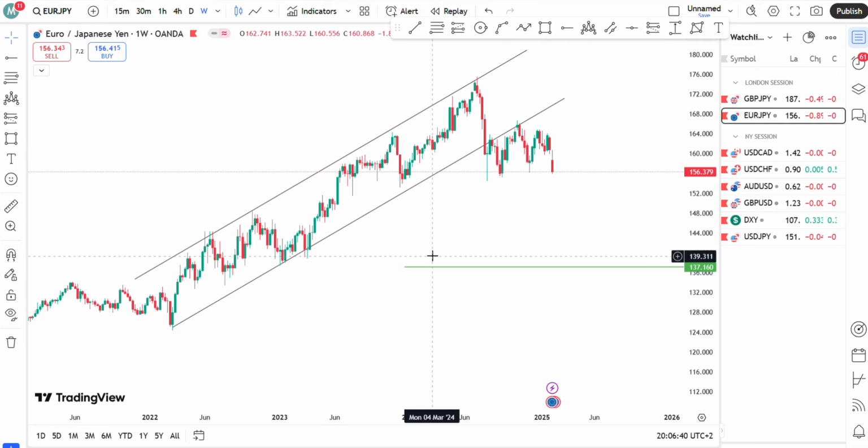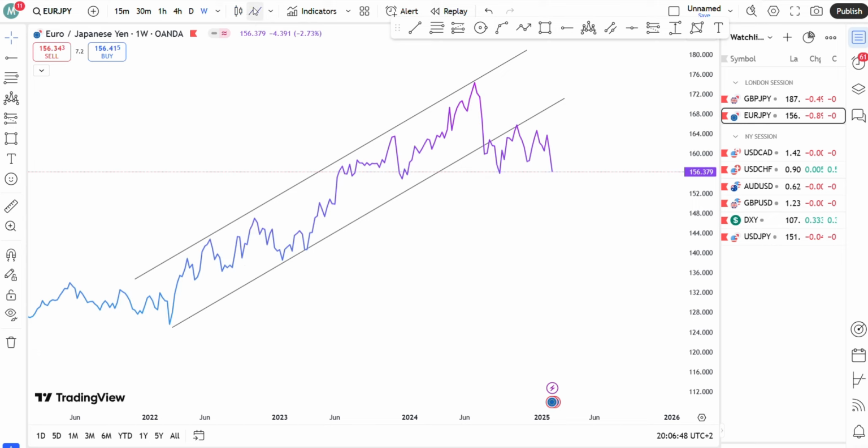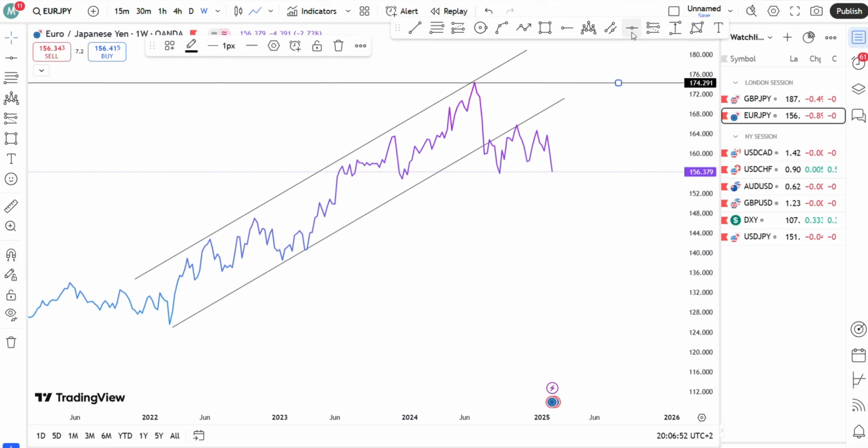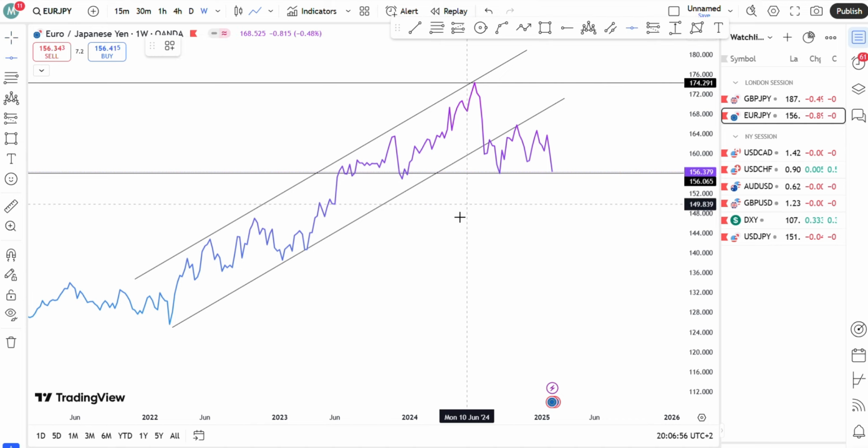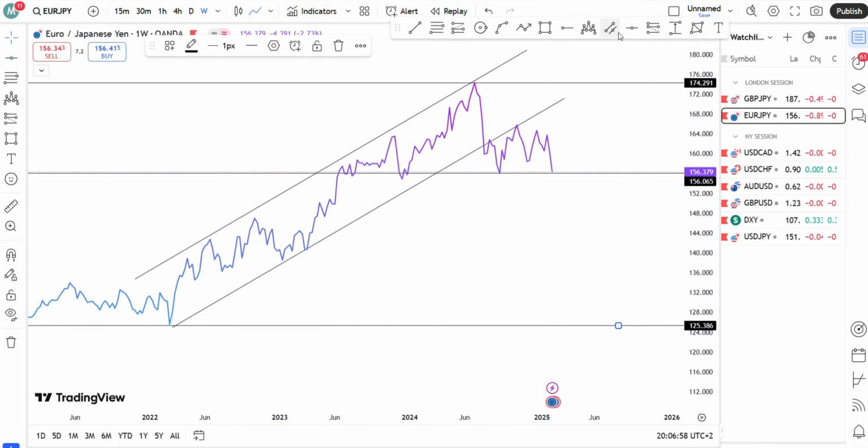Okay, without wasting much time, let's mark out our key levels. As we said in our previous videos, we put on the line chart. When we are marking all key levels, we mark out our current highest point and the current lowest point, then the overall lowest point.